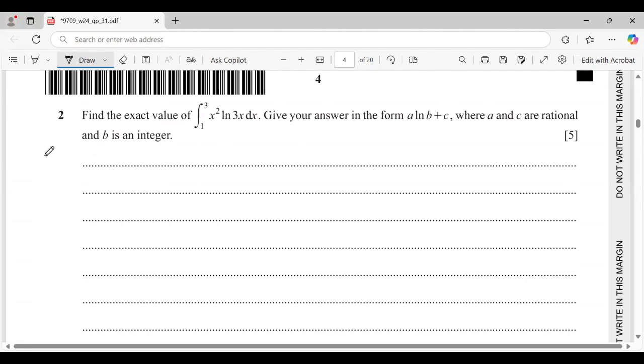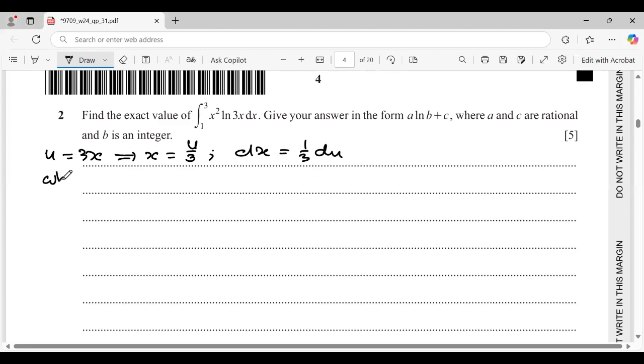Okay, first step, by substitution, let u equal 3x, so x equals u over 3, and then dx equals 1/3 du.